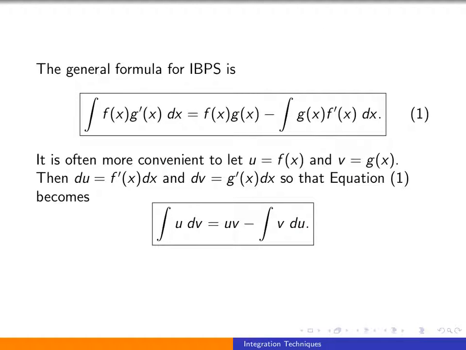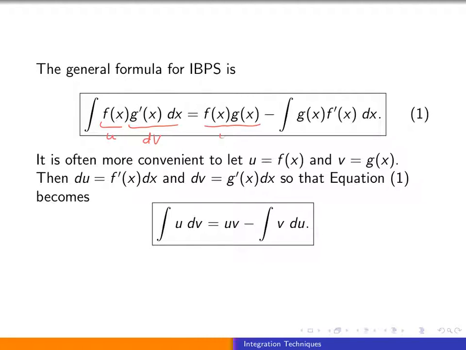So the general formula for integration by parts is this first boxed equation, exactly what we saw on the previous slide. But in terms of remembering this and actually applying it to specific examples, it's most convenient to let u be f of x and v be g of x, so that in this formula, f is u, and g prime x dx is dv.